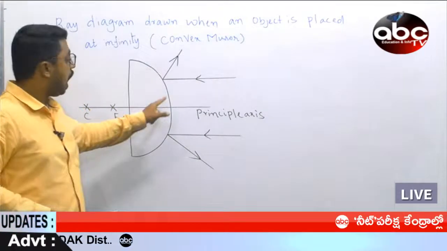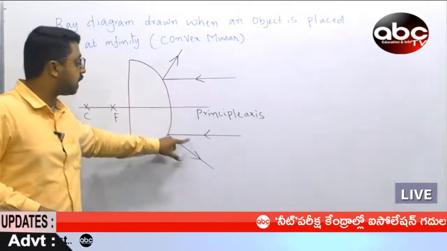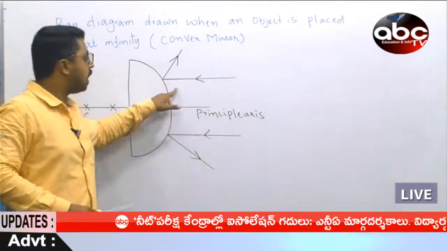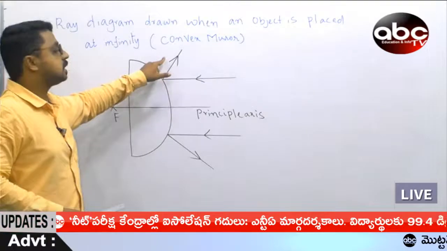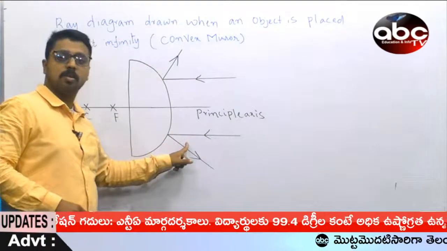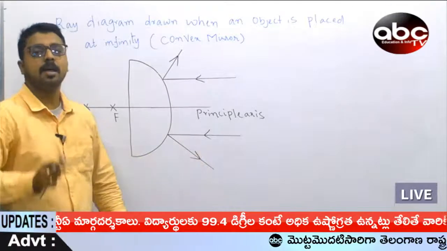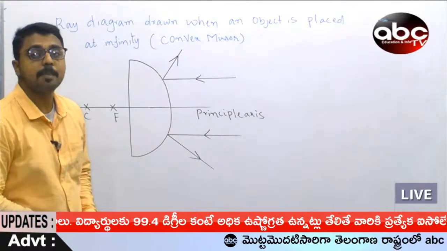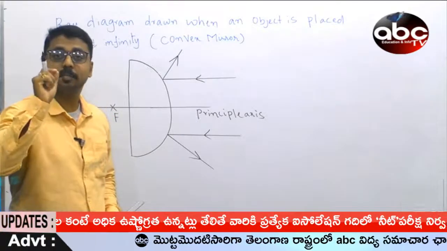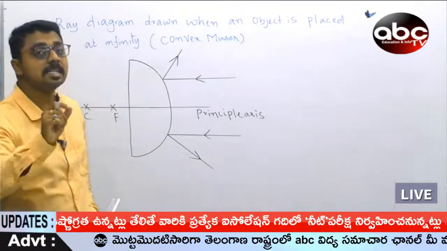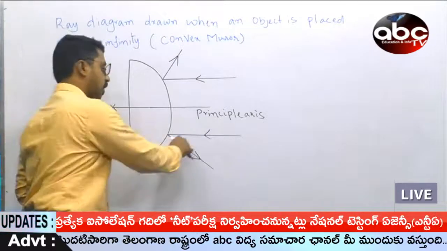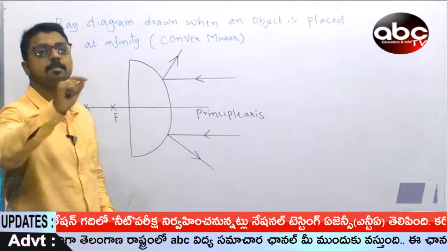Are you able to expect the convergence process? No, because ray 1, a parallel ray, has diverged away from the mirror, and the second has also diverged away from the mirror. You cannot expect a real image, because a real image is formed by the intersection of reflected rays. This is important.